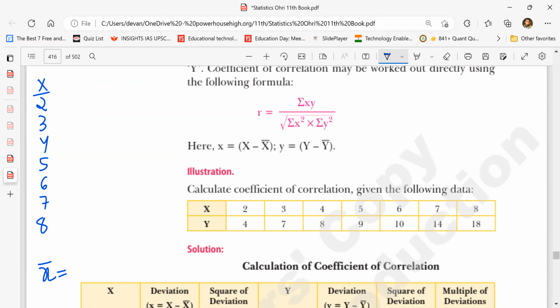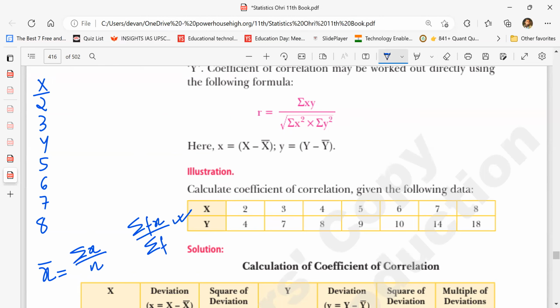I will not always be able to tell you that you have to revise this and this. You have to revise by yourself also. The formula is summation x by n, because this is an individual series. The formula that you were trying to remember is summation fx by summation f.